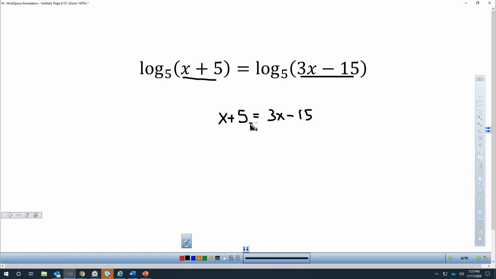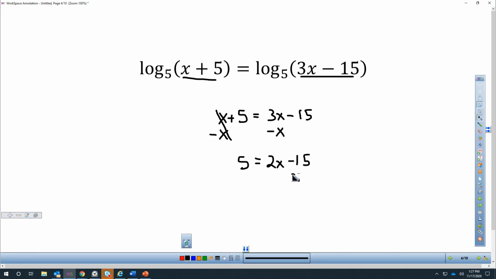And now to solve this, I'm going to first get all my x's on one side, and I always like to move the one with the smaller coefficient because it's easier. So subtract x from both sides, and that's going to cancel. I'll get 5 is equal to 3x minus 1x, which is 2x, and you still have the minus 15 there.